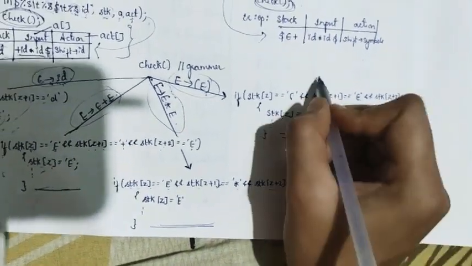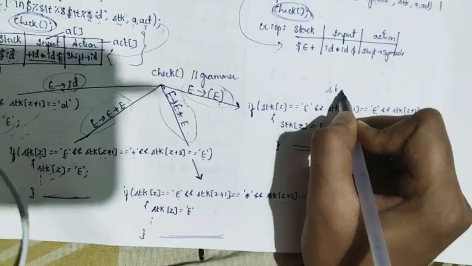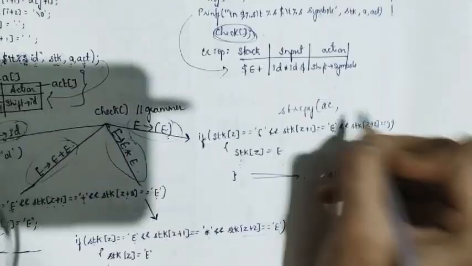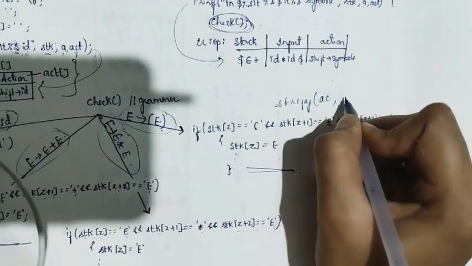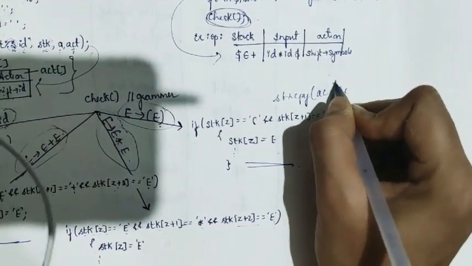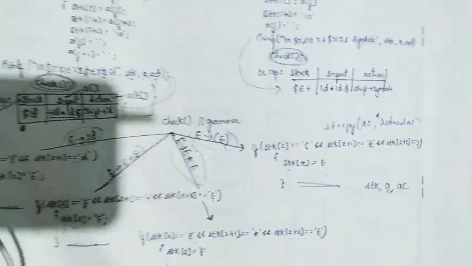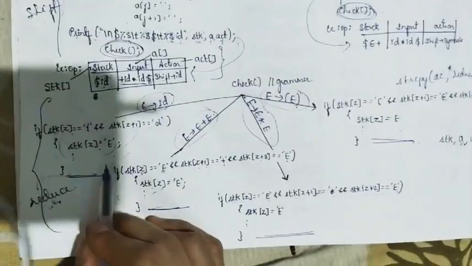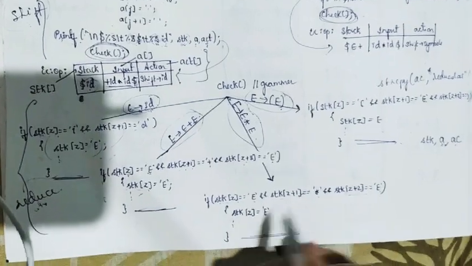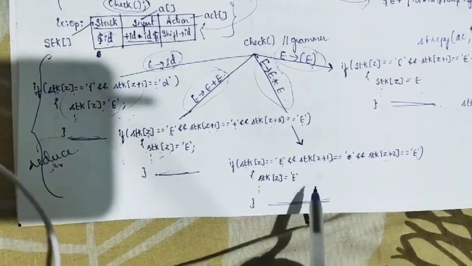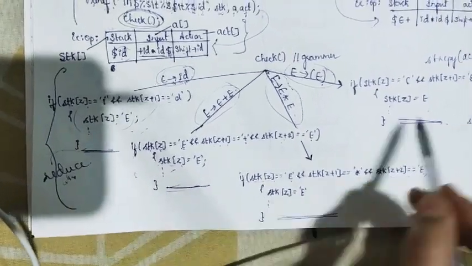And in that action value we have already performed a string copy function where we have copied the string reduced as. After copying that reduced as, we will go on appending the E to it.